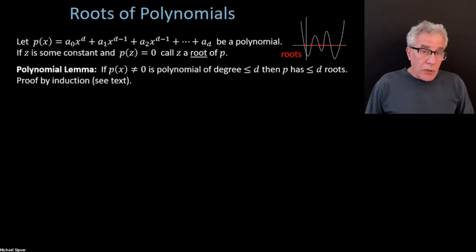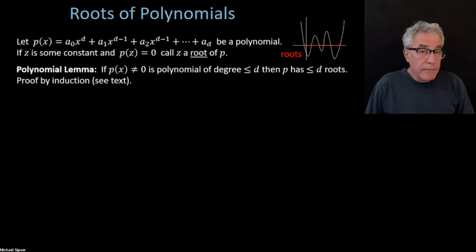It's not hard to show that a low degree polynomial cannot have lots of roots. Basically, if the polynomial has degree at most d, it can have at most d roots, as long as the polynomial itself is not the everywhere 0 polynomial, because obviously then everything is a root. Oops, typo. Thank you.